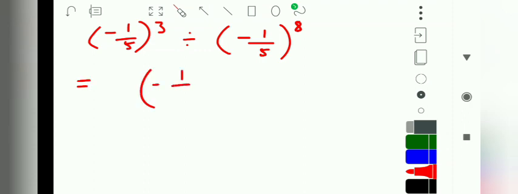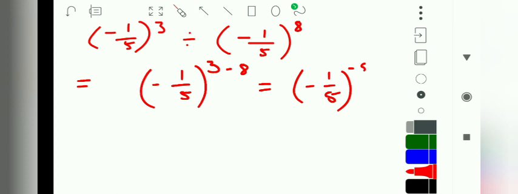It is minus 1 by 5, same base with different indices. And due to division, subtract the powers. 8 from the first one, that is 3. 3 minus 8 is minus 5, and additive inverse of minus 5 is 5.